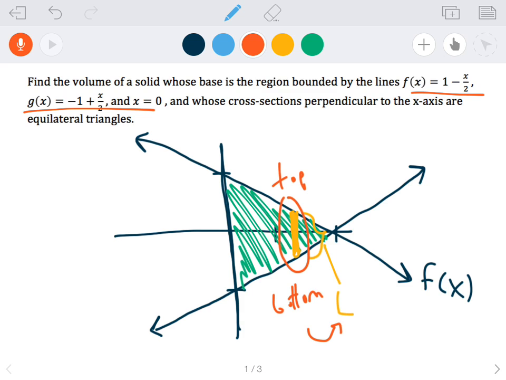And so here I see that the top function is f of x, the bottom function is g of x. So L is going to be the top function minus the bottom function. And I can simplify this.